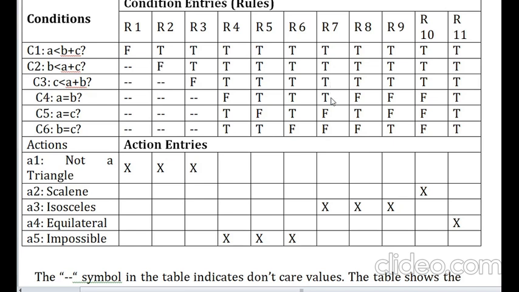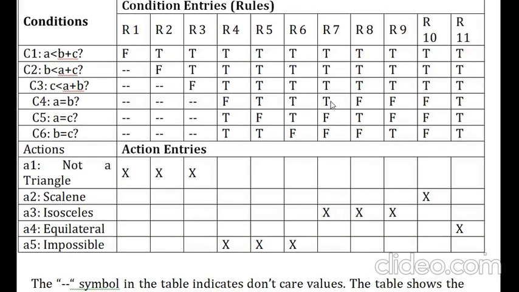Come to condition 4: A equals B is true, but A equals C and B equals C are false. Then two sides are equal, so in the action entries it is an isosceles triangle.